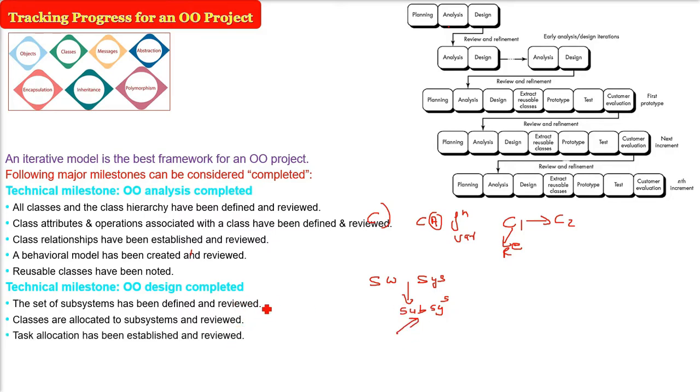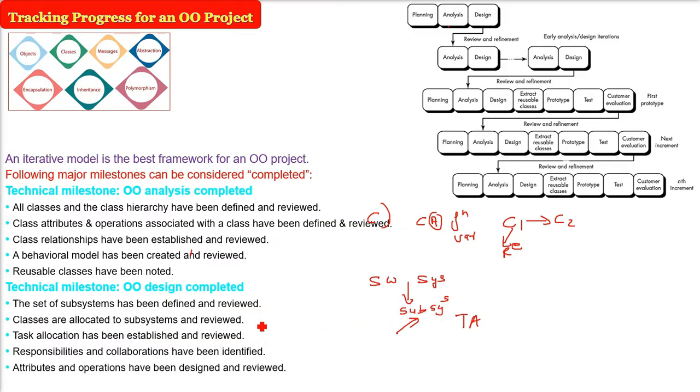Along with this, the task allocation, because the activities have to be decided and divided into tasks, and the responsibilities and collaborations have been identified. Also the attributes and operations are designed and reviewed, and the communication model between the different parts, or subsystems, is also created and reviewed.